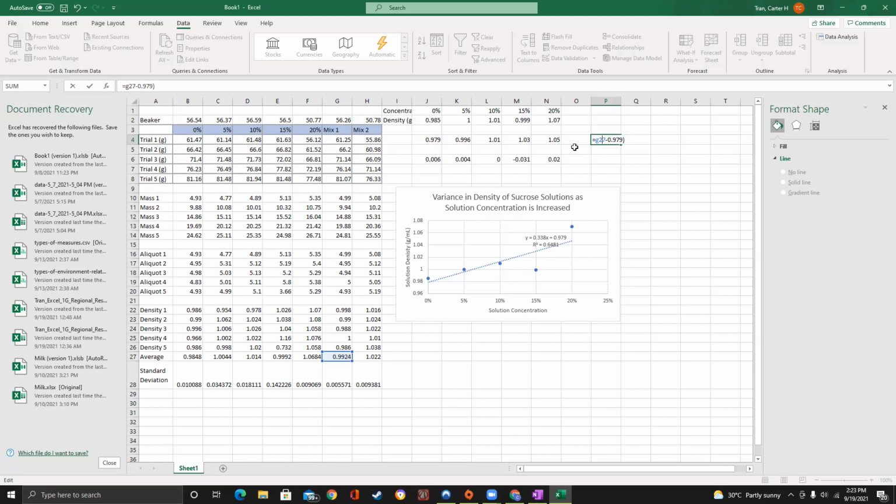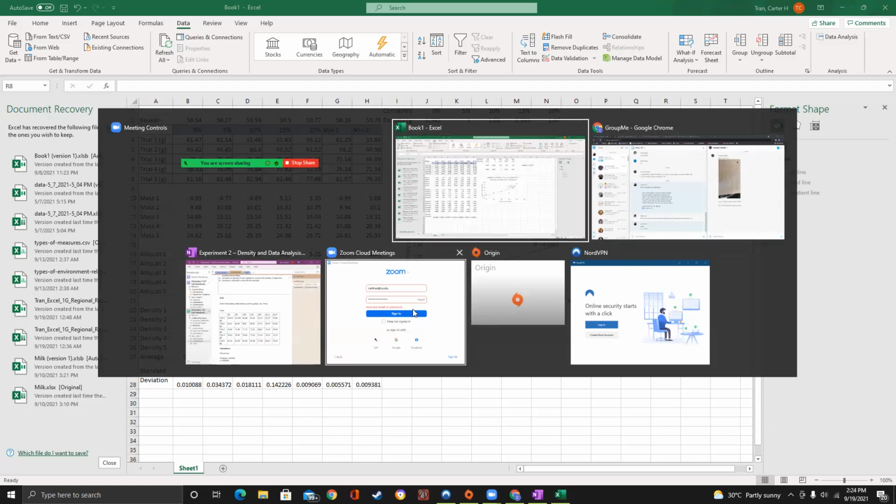Put this in parentheses, that way we don't have any mathematical mistakes. Then we divide it by 0.338. So have that, we use our trend line.